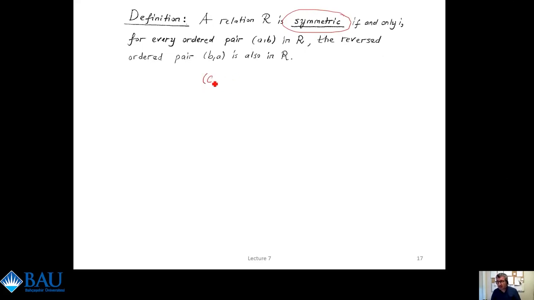If you have (a, b) in the relation, then its reverse must also exist. Pay attention, a and b must be different, because if a and b are the same, don't check that one. If you have an (a, b), then check the (b, a).